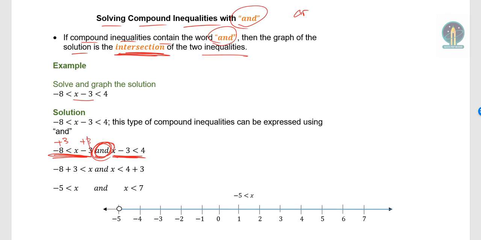Then these two cancel, so we have minus 8 plus 3 is less than x, which gives me minus 5 is less than x. This is one part of the solution. For the other part, we have x minus 3 is less than 4. We can get rid of this 3 by adding 3 again, so we have x less than 4 plus 3, which gives me x less than 7.